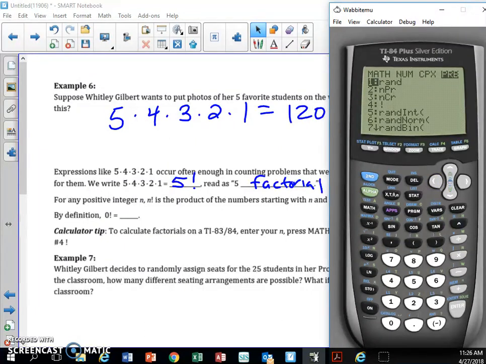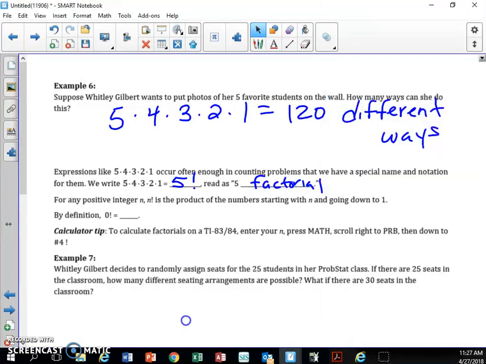We're also going to be using options 2 and 3 for combinations and permutations. But option 4 is your factorial. So again, math, slide over to probability, and choose option 4. So if it's 0 factorial, then that is understood to be just 1.